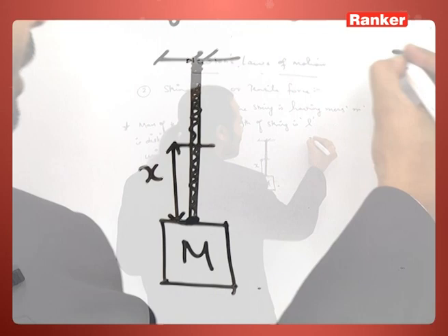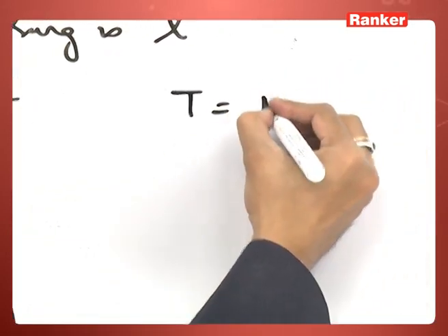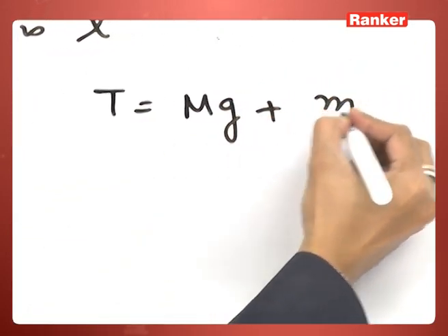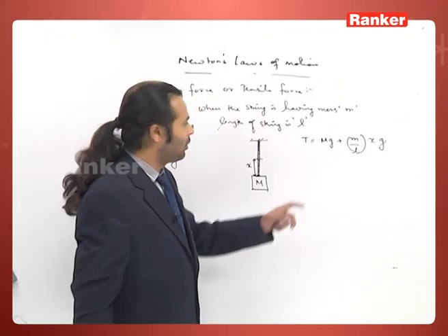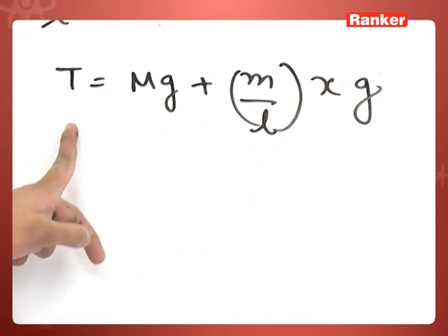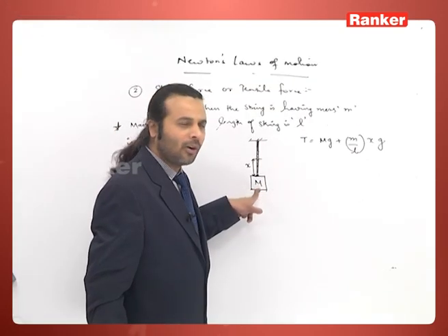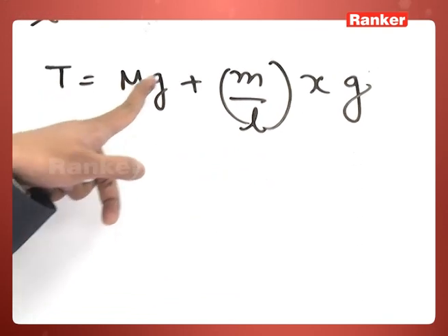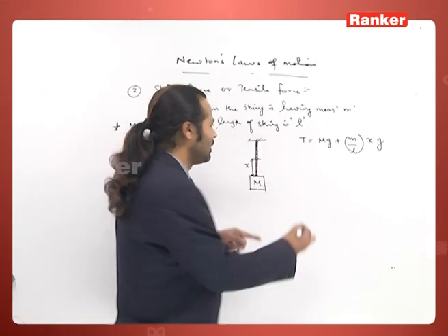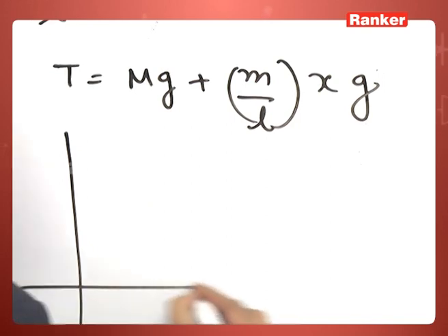So T will be equal to capital Mg plus m by L into x into g. So when x is 0, T is only equal to the weight of the block, and when x is equal to L, T will be equal to Mg plus small m into g. So in this case, the graph will be something like this.